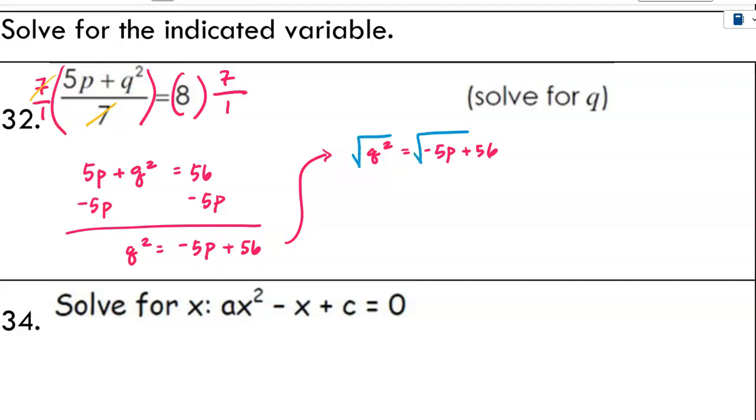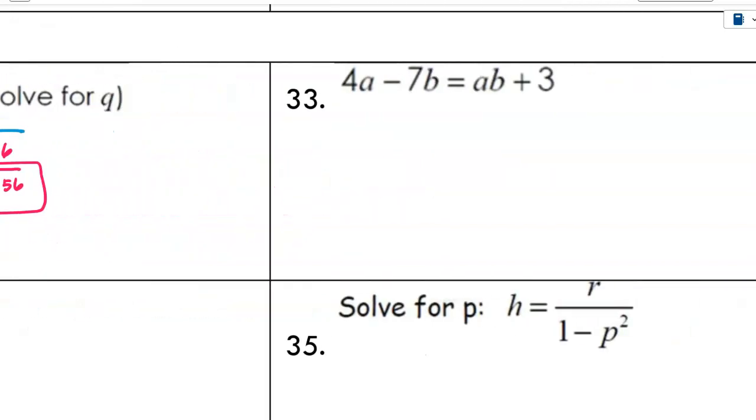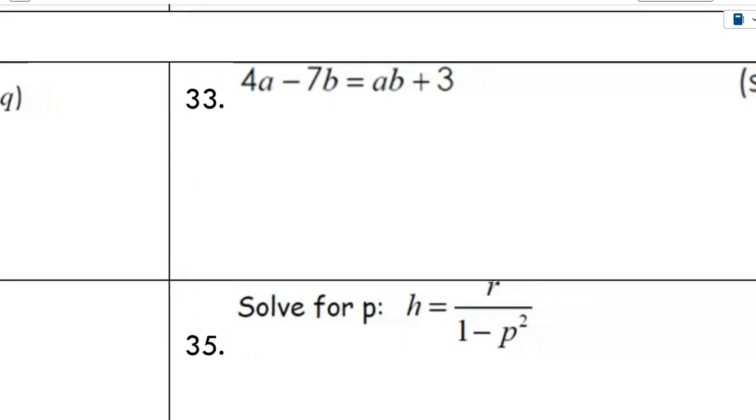You're going to square root both sides. So in squaring both sides, you have to get the plus or minus. And when we do quadratics, we'll definitely go over why it's the plus or minus. But you have to have the plus or minus on the other side. So that is your final answer. Good job, guys.